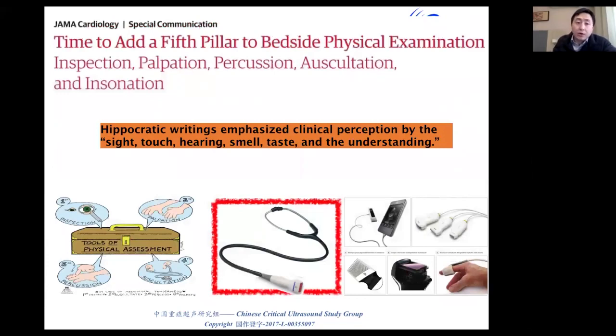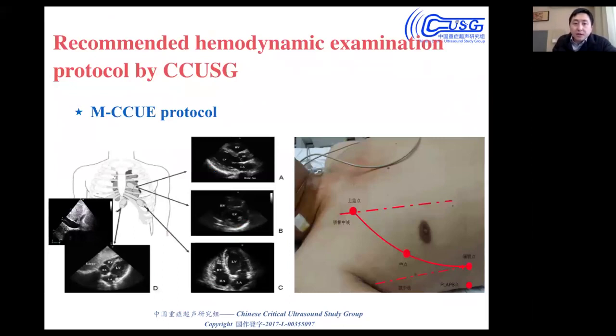As we all know, critical care ultrasound is not only an ultrasound that gives you the image of the organ, but also gives you more information about the function and the pathophysiology of the organ and the tissue. So this is a modified CCUE protocol.